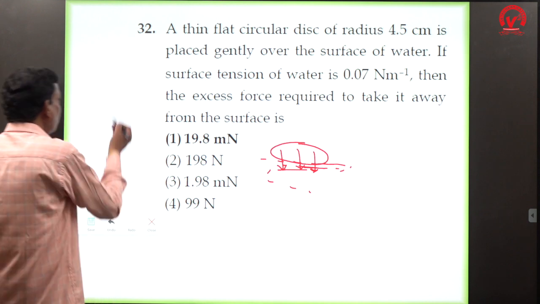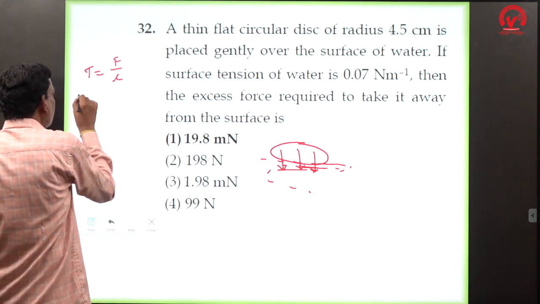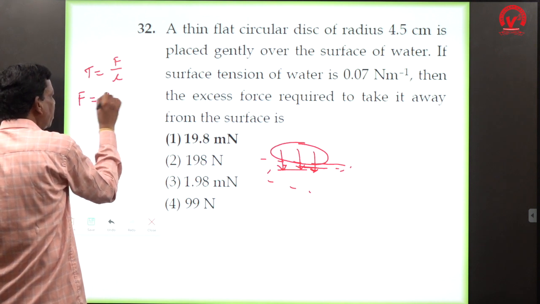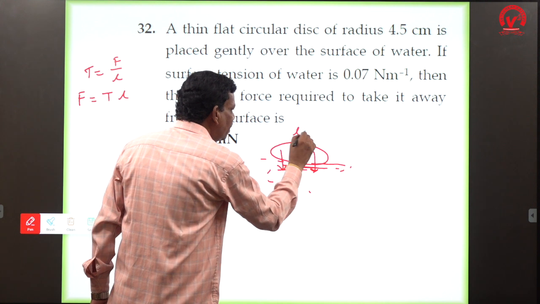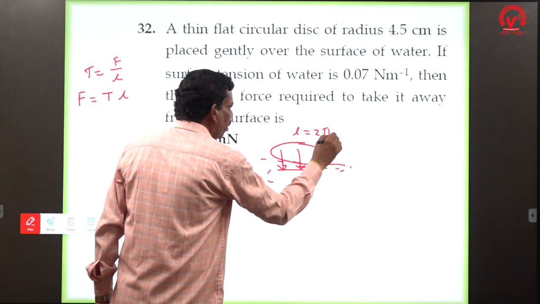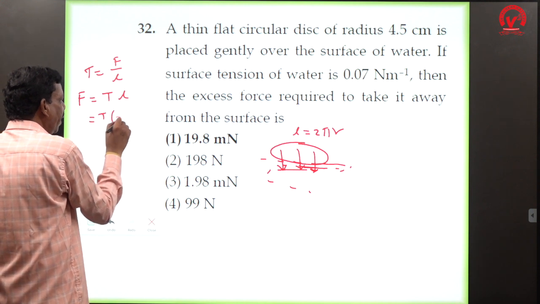You know T is equal to force by length, so force equals T into L. They have given a circular disc. The circular disc length is what? 2 pi r. Then T into 2 pi r.